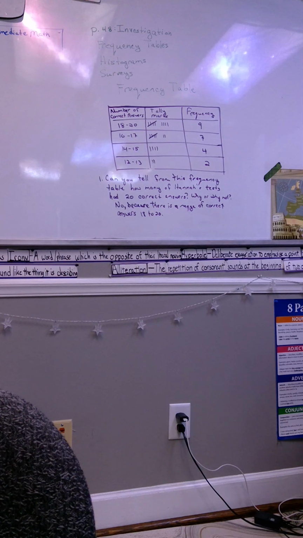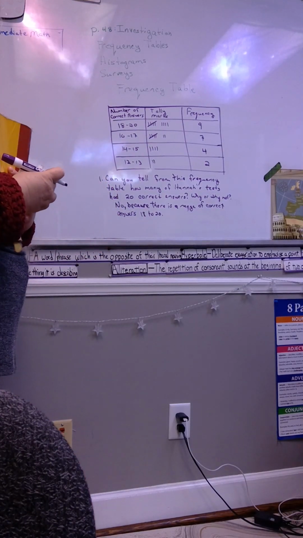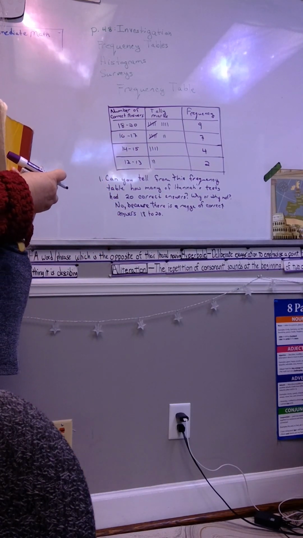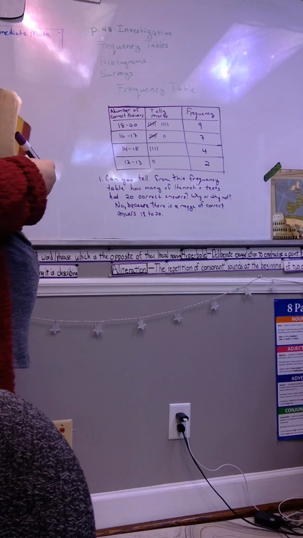Okay. I'm going to erase question 1 now. Okay. Do you have it down? I don't have it written down. I mean, do you have the answer written down? Yes. Okay.